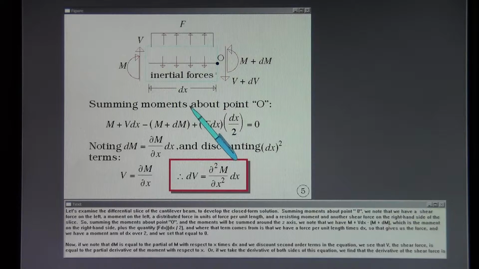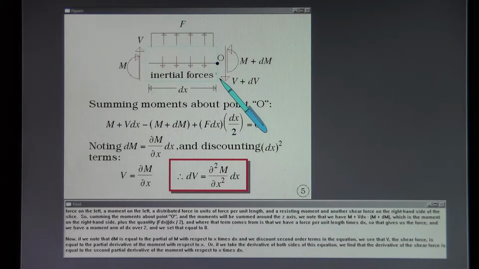So summing the moments about point O, around the z-axis, we have (M + V dx) minus (M + dM), that's the moment on the right-hand side, plus (f dx)(dx/2). That last term comes from a force per unit length times dx, which gives a force, and a moment arm of dx over 2. And we set that equal to 0.